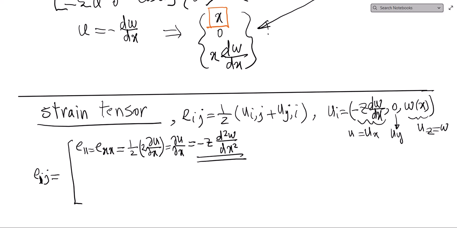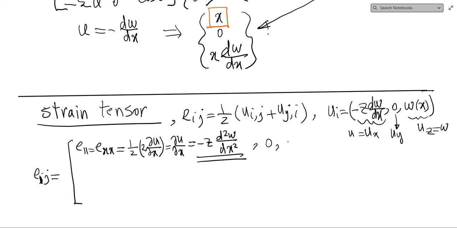Because you have to differentiate with respect to x, and w is just a function of x, I can turn the partial derivative to total derivative, and this is the result. Now, if I go to the other components, the second component, which is the derivative of u with respect to y, because j becomes 2, and derivative of y with respect to x is 0.